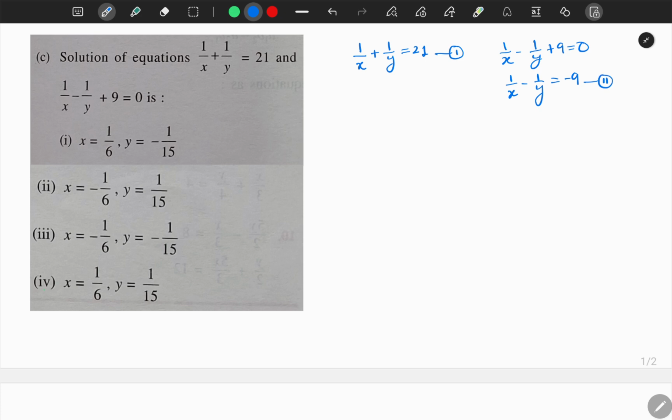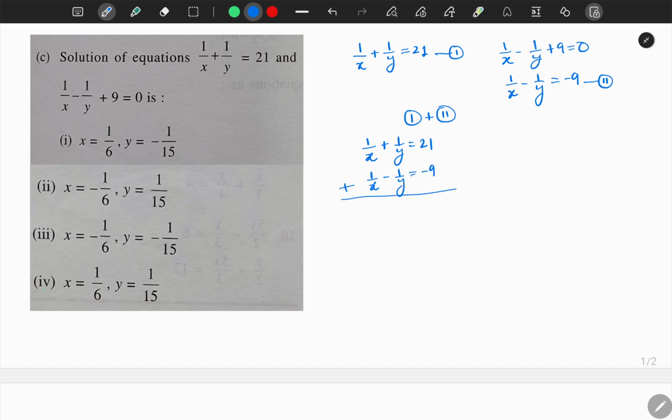Now what do I observe here is the coefficient of y here is plus 1 and here it is minus 1, so I can directly add the two equations. So what I'll do is equation 1 plus equation 2. When I add these both, I'll get 1 by x plus 1 by y equals 21, added with 1 by x minus 1 by y equals minus 9.